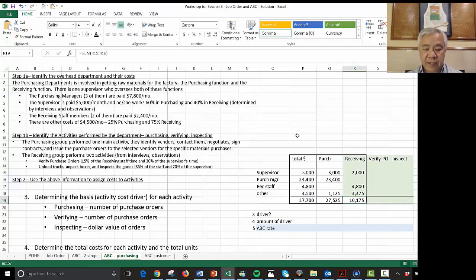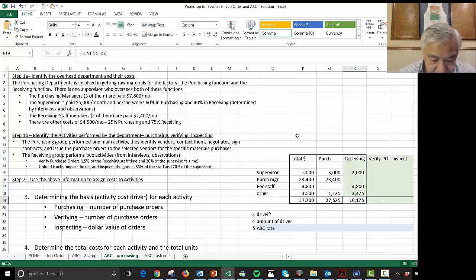Then we do a little bit further breakdown and say, okay, those are the functions. What are their activities? Purchasing is both a function and an activity, but the receiving function has 2 distinctly different activities. One is the verification of the purchase order when the goods are received, and second is the inspection of the items so that they are of the quantity and quality as contracted.